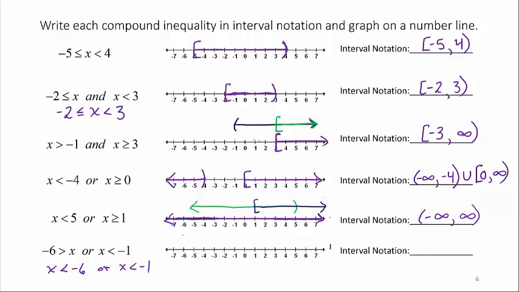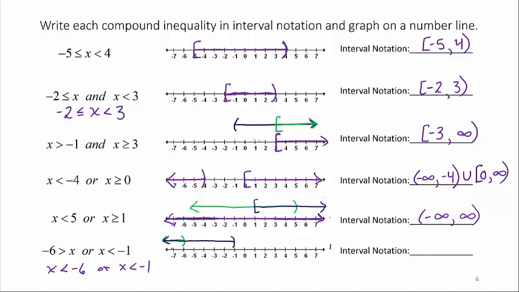Okay, so let's graph this. X less than -6, so we're going to start here at -6 and head out to the left. And with x less than -1, at -1, we're also going to head out to the negative side, right? To the left, so x less than -1.